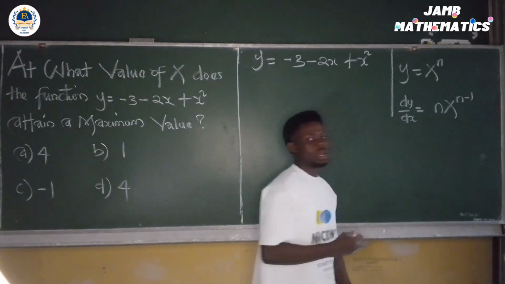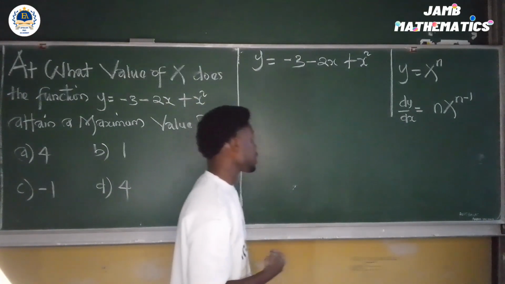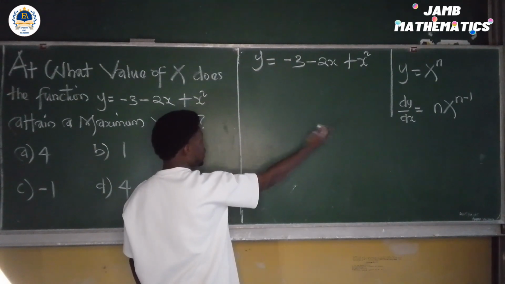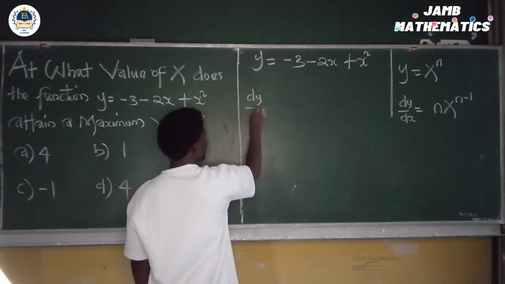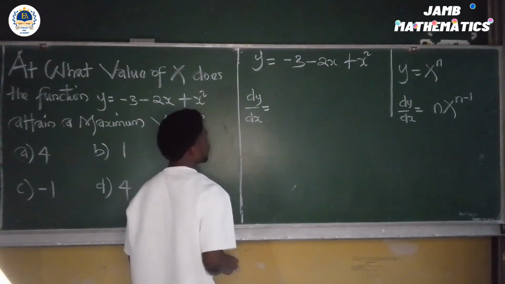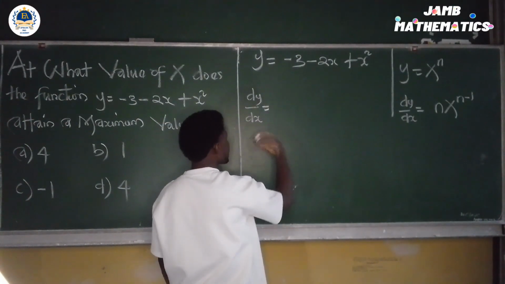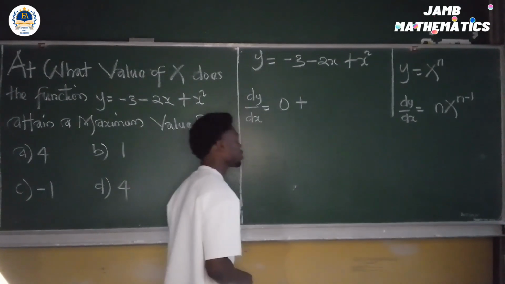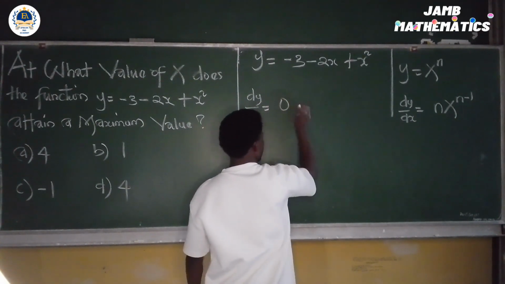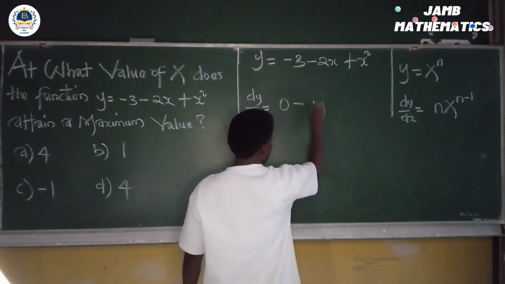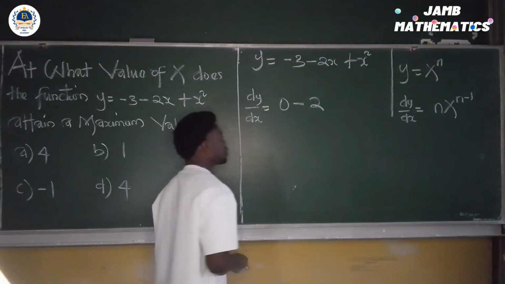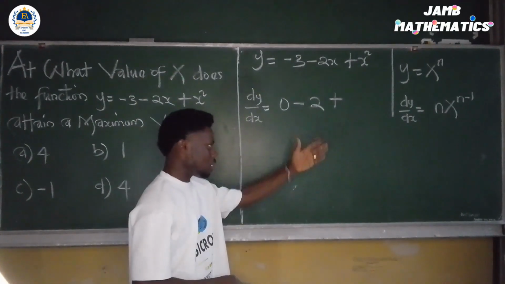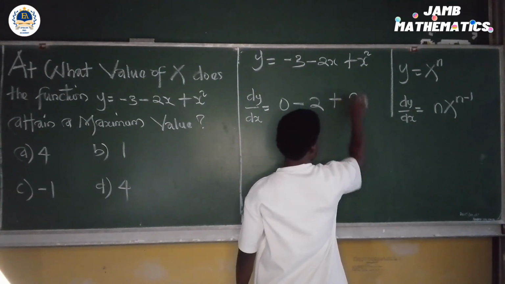We are going to apply this principle to obtain the derivative of the respective terms on the board. Now, since the function is given as this, applying this rule, dy over dx is equal to the derivative of a constant term is 0 plus the derivative of minus 2x is going to give minus 2 plus the derivative of x squared using this principle is going to give 2x.